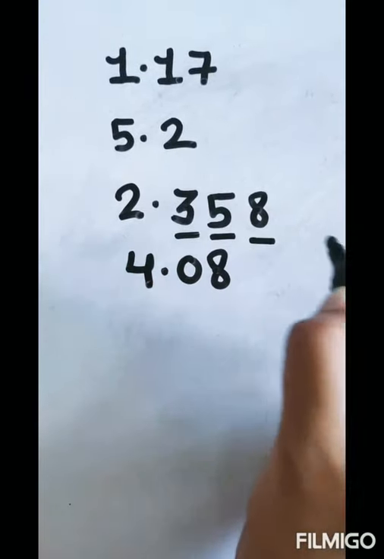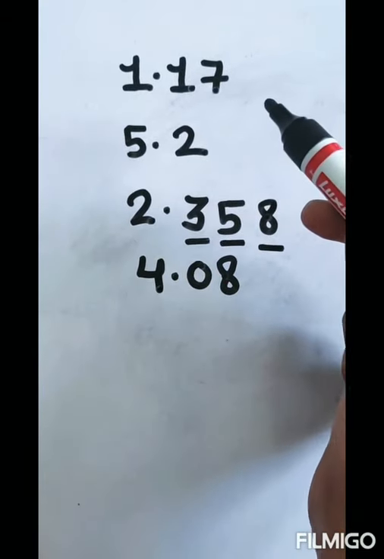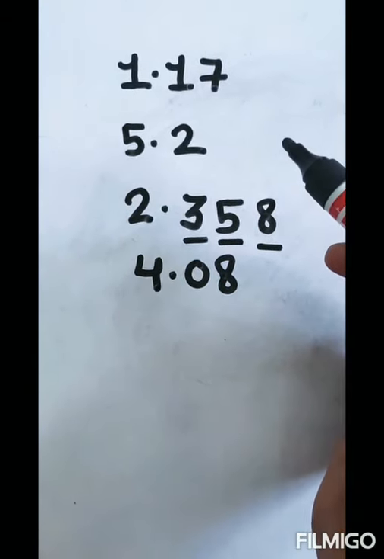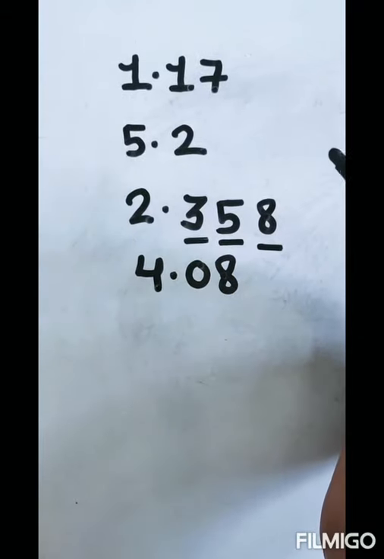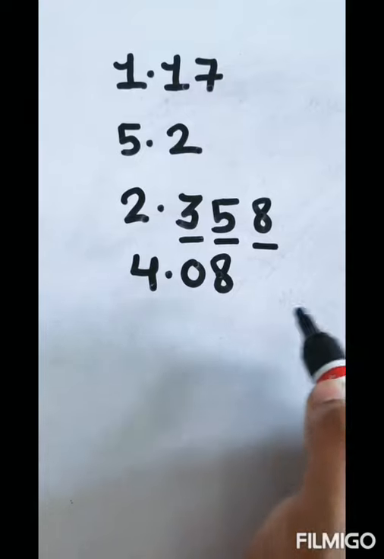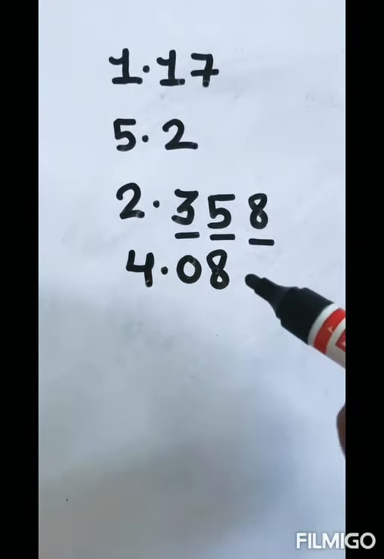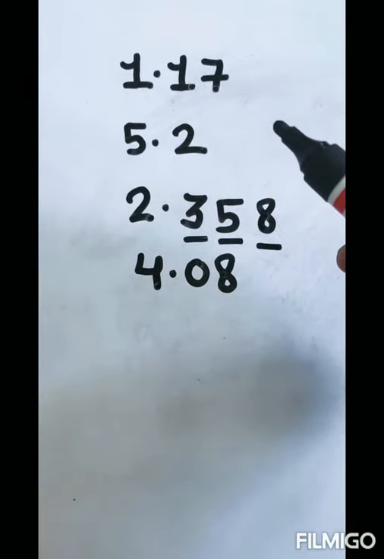So we will make 3 digits after the decimal in each number by putting a 0. Like, the maximum number of digits is 3, so we will make the digits after the decimal point equal to 3 in each decimal.